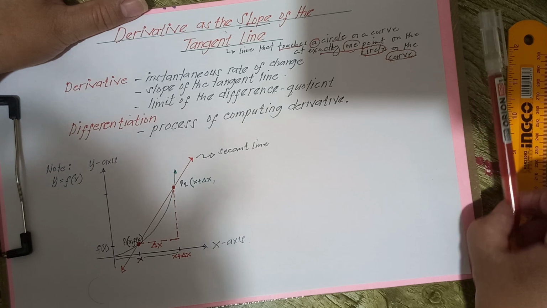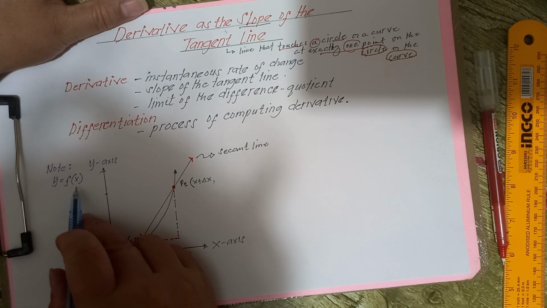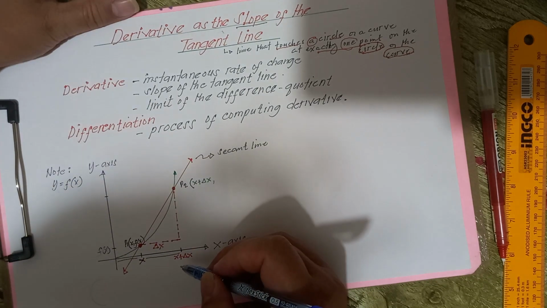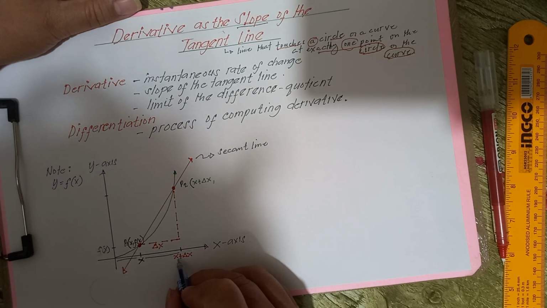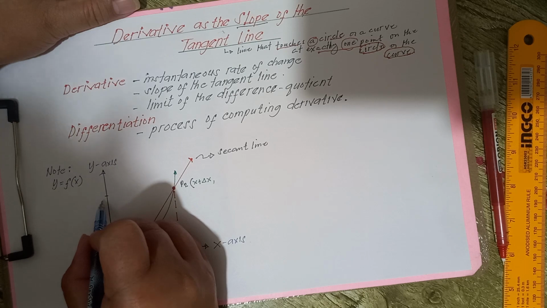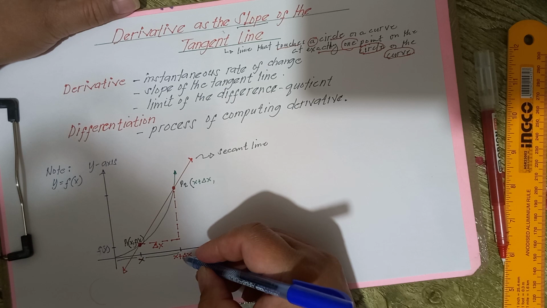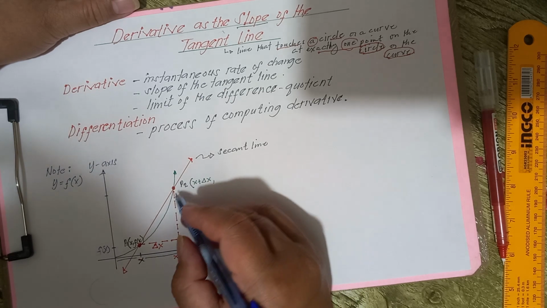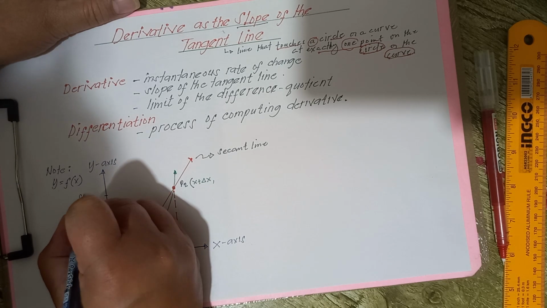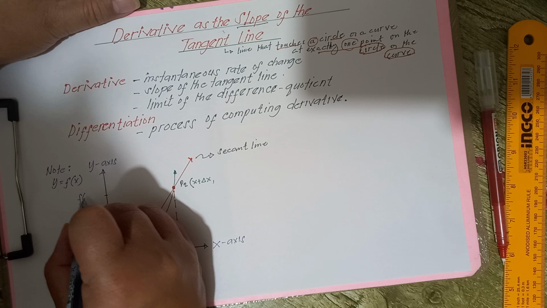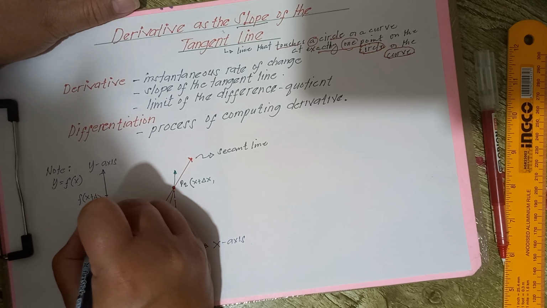Remember again that when we have the y, our y is dependent on the x. So meaning, if my x is x plus change of x for our point 2, then this must be, what is that? f of, okay, replace that one, that is x plus change of x.